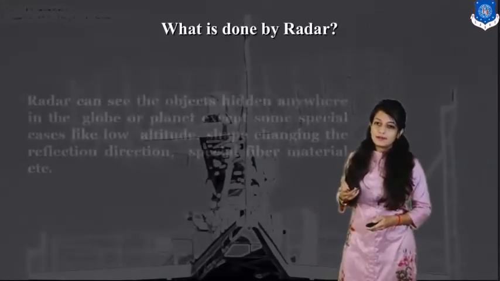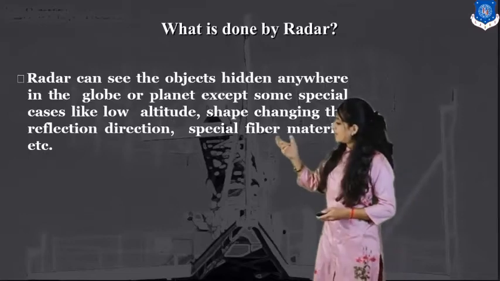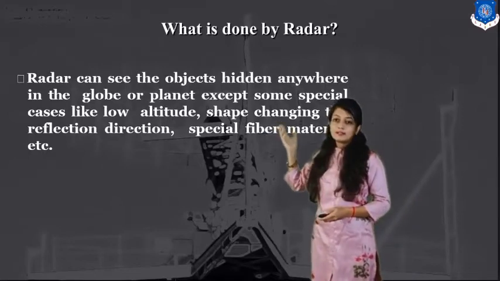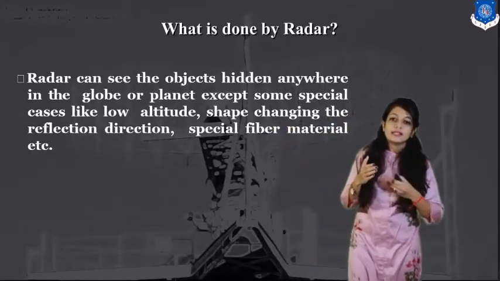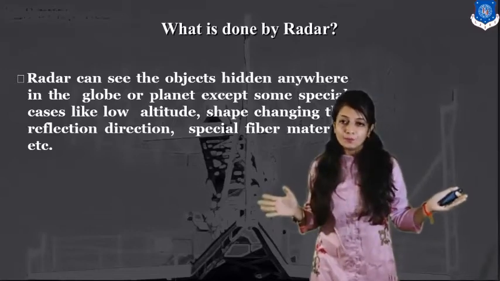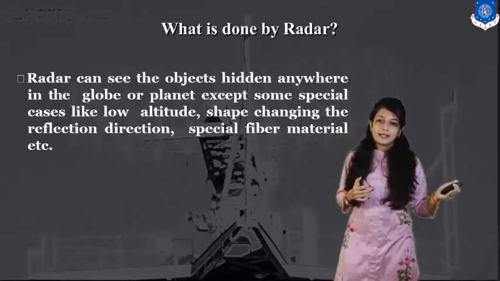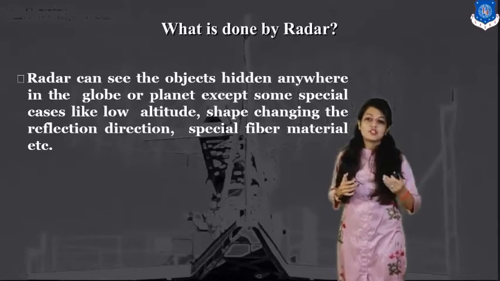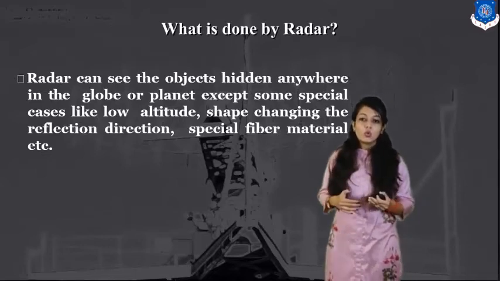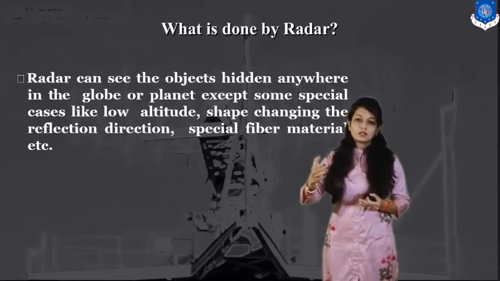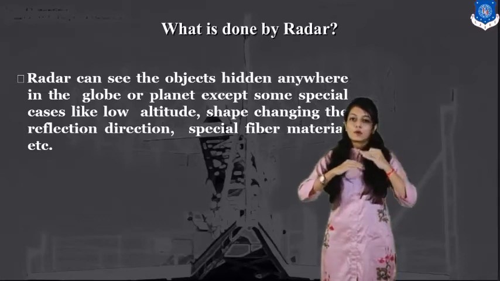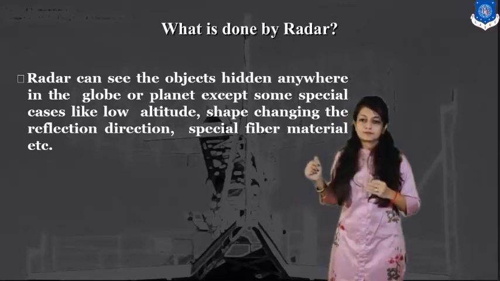So what is done by radar? We can say that a radar can see objects which are hidden anywhere in the globe, or a planet, with some special cases like low altitude. Altitude means the height from the surface of the earth.